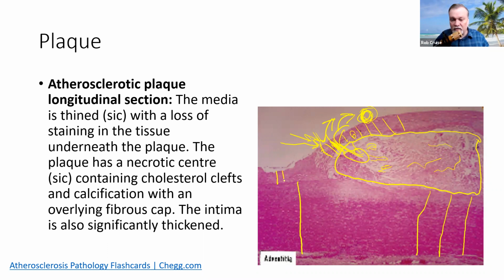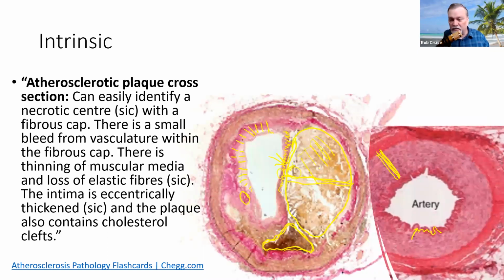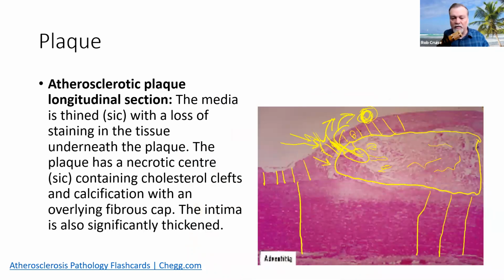So see, the intima here is pretty thick, and it gets pretty larger as it gets closer to the fibrous cap. Okay, so if you notice on the last one, normal intimal layer is very, very thin compared to, and this is a lot thicker. So that changes things in the pathological state.